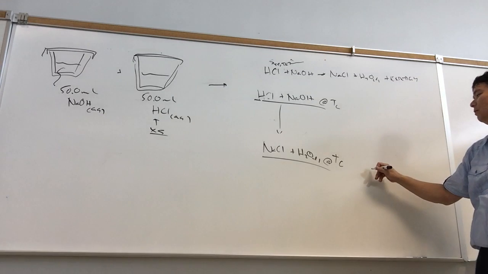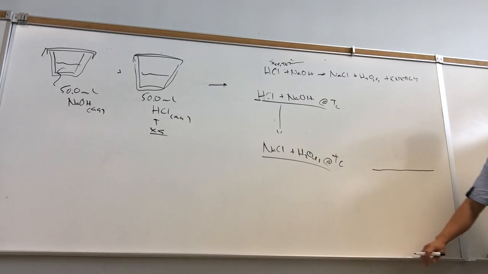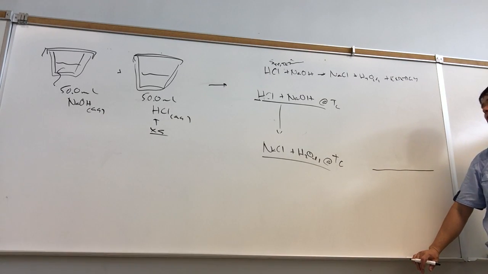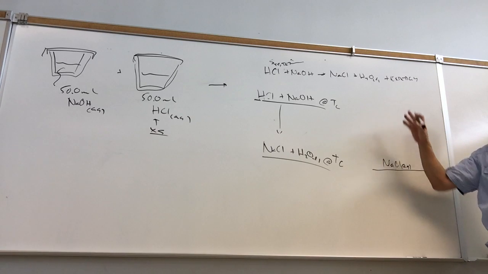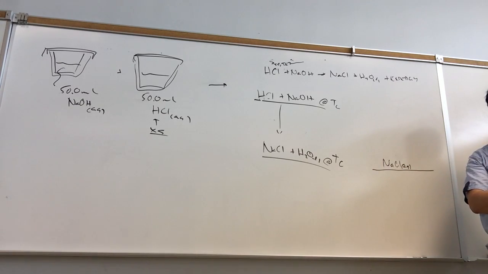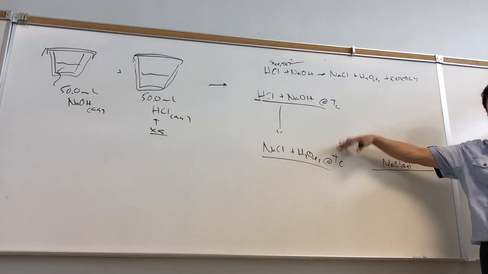What are the surroundings? Not water and calorimeter. There is water and calorimeter, but you're missing something. You're missing sodium chloride. Our surroundings is going to be sodium chloride AQ. What's left over is where the heat's going to be dumped. Our system doesn't live forever.